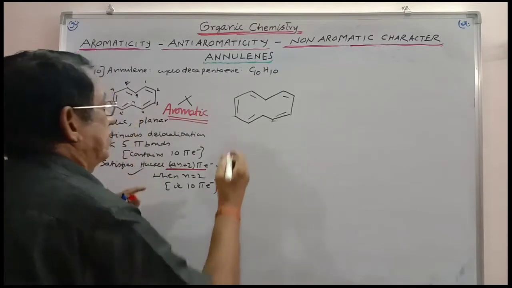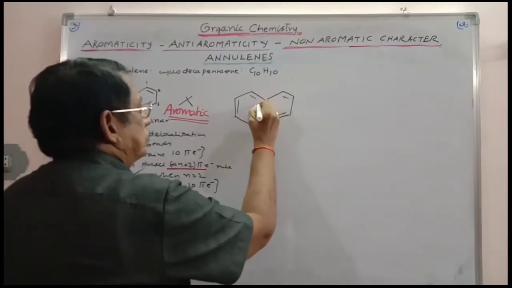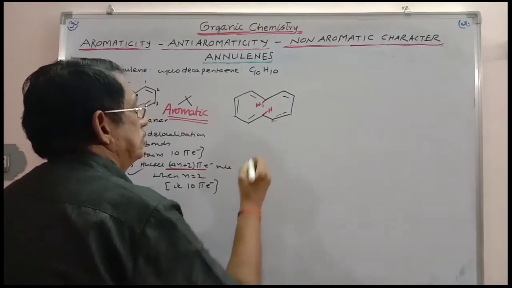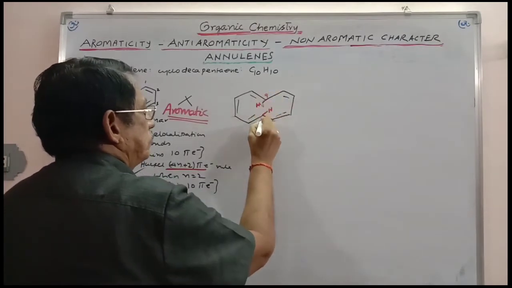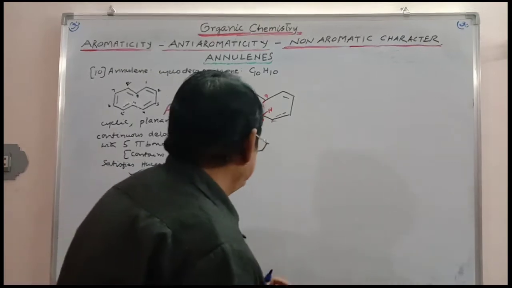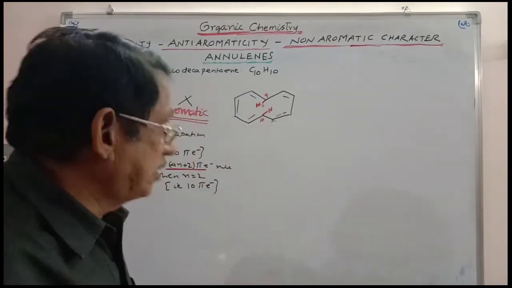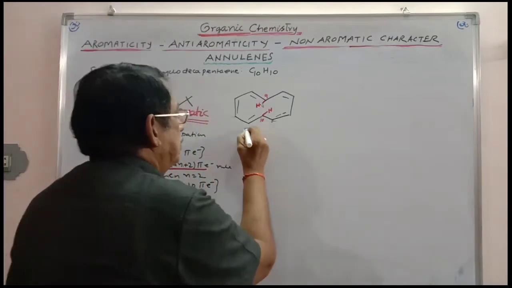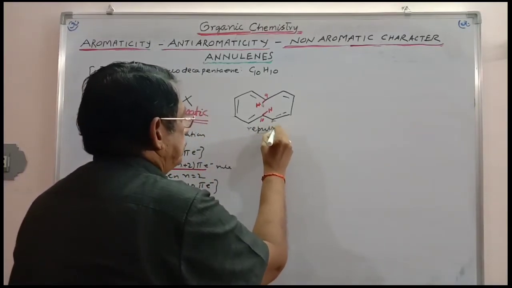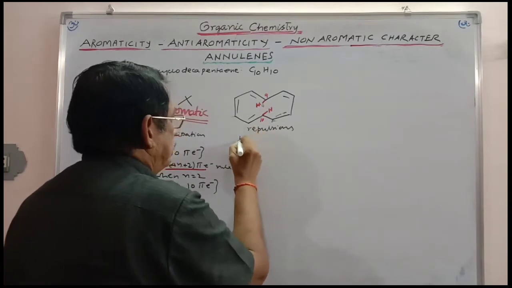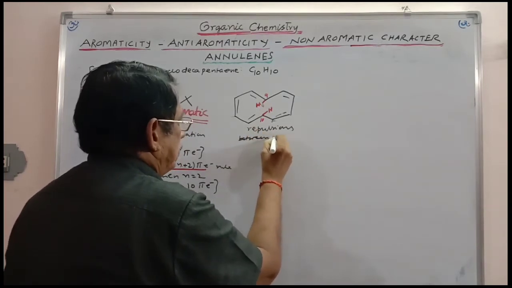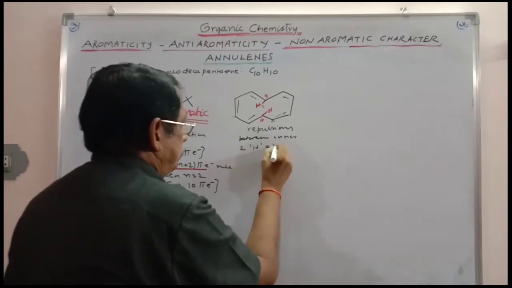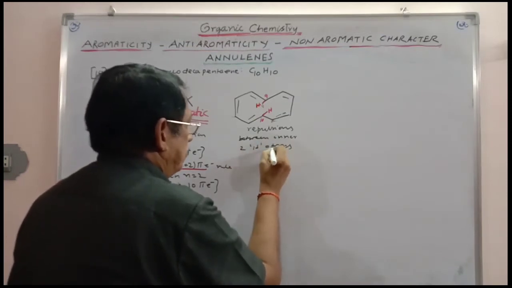At 9 and 10 carbons, inner hydrogen is what you call, this is one hydrogen, this is other hydrogen. This is the 9th position, this is the 10th position, bridge hydrogens. These hydrogens are needed, as a result of which repulsions between inner two hydrogen atoms, bridge hydrogen atoms, will be taking place.